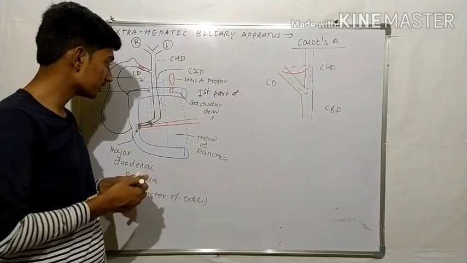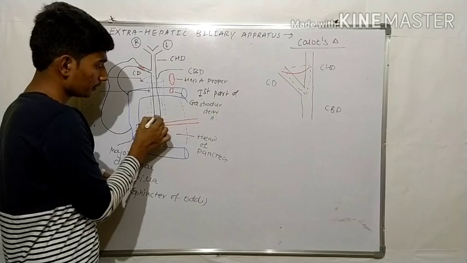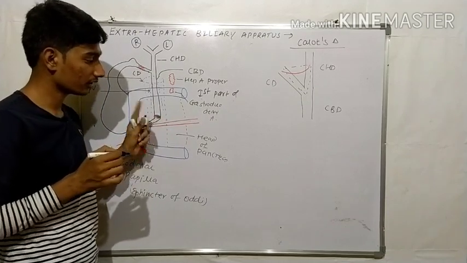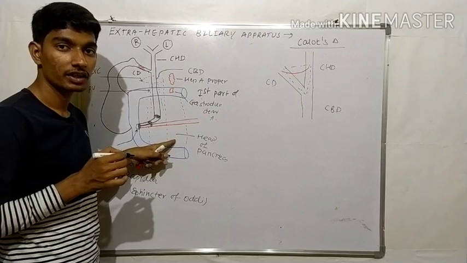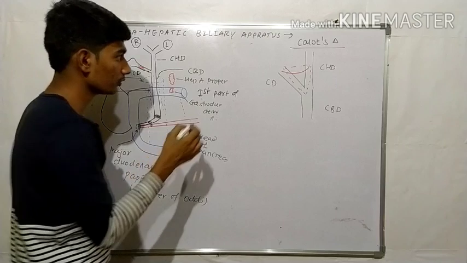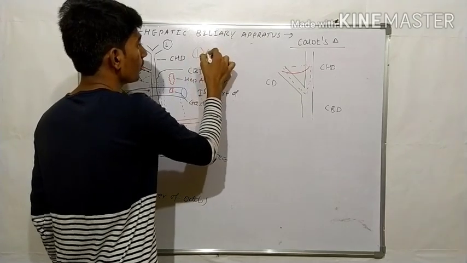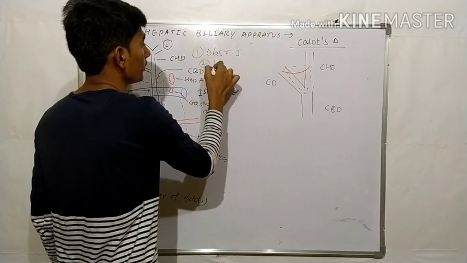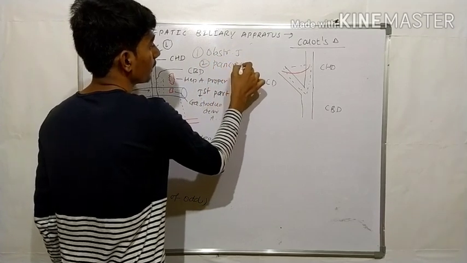And if the patient has a gallstone, which also affects the infraduodenal part, this condition is known as pancreatitis. So two important applied points are obstructive jaundice and pancreatitis.